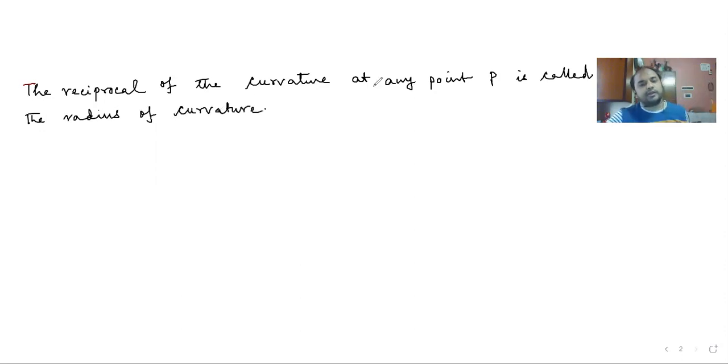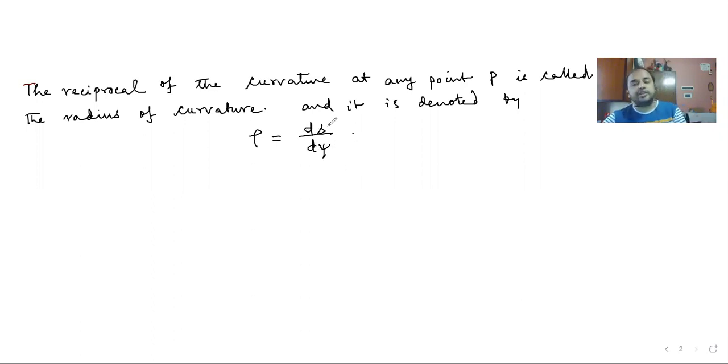The reciprocal of the curvature at any point P is called the radius of curvature, and it is denoted by rho, which is defined as rate of change of arc with respect to the angle.